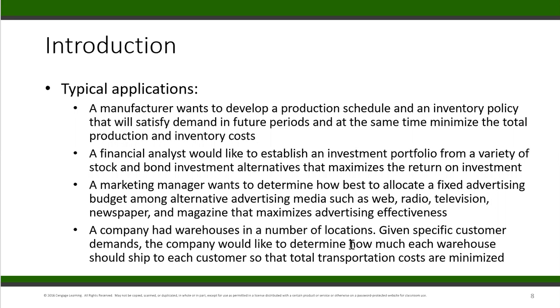How many items or how much product to ship from a supply center to any of those demand centers. And we evaluate the goodness of a set of actions by transportation cost. The objective here is to minimize the total transportation cost.